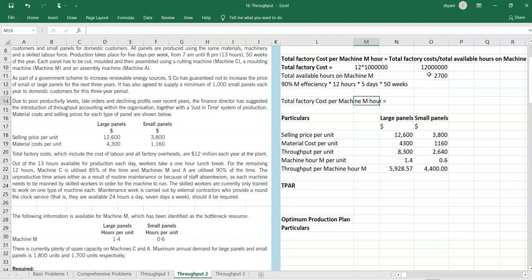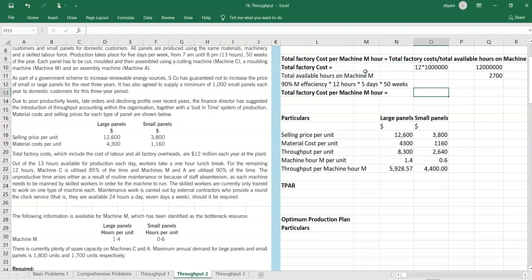So we'll get this one, total factory cost per machine. So we can just take these numbers and we'll put it here. 2700.